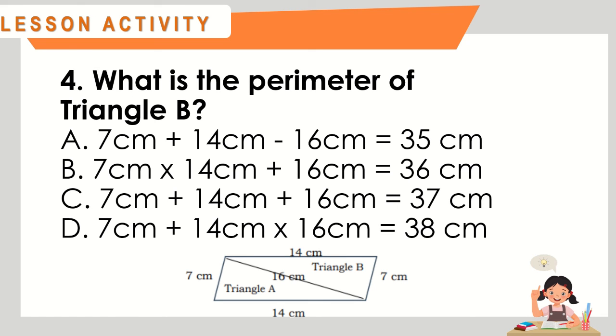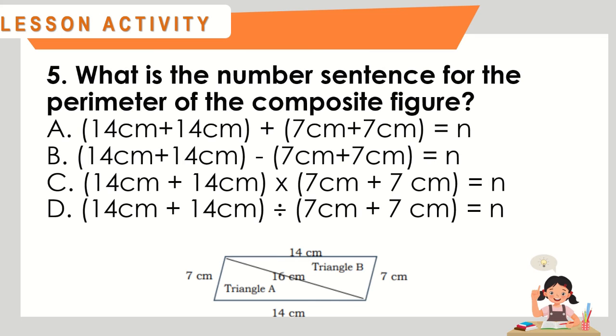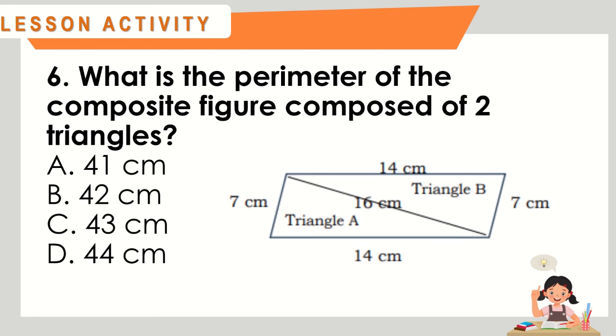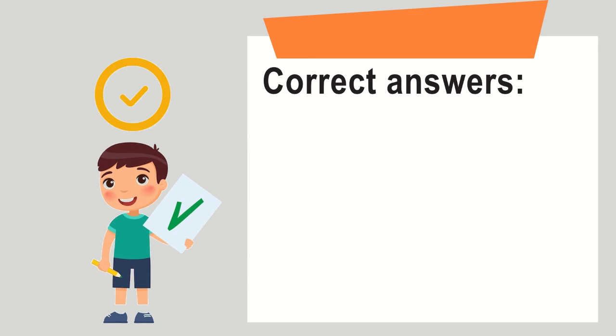What is the perimeter of triangle B? What is the number sentence for the perimeter of the composite figure? What is the perimeter of the composite figure composed of two triangles? Here are the correct answers.